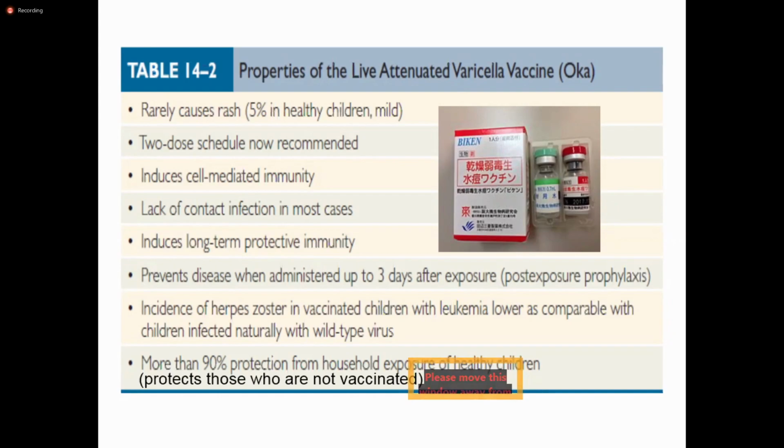Okay. Now the properties of the attenuated varicella vaccine, which I talked about. The varicella vaccine rarely can cause rash, in about 5% only. Two doses are recommended. It can induce cell-mediated immunity.